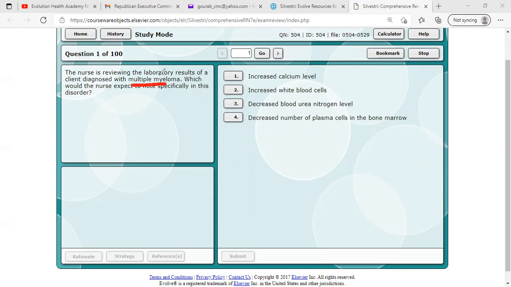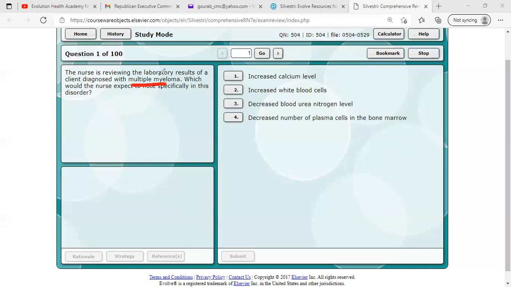So multiple myeloma, as I told you, attacks the plasma cell and it progresses, and the patient complains of bone pain, develops anemia, kidney dysfunction, and infection may also occur.